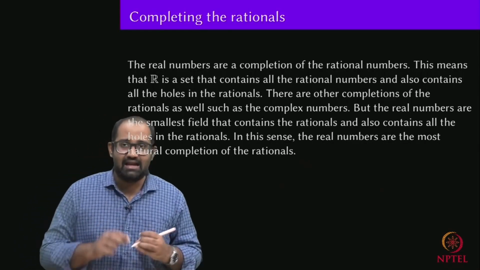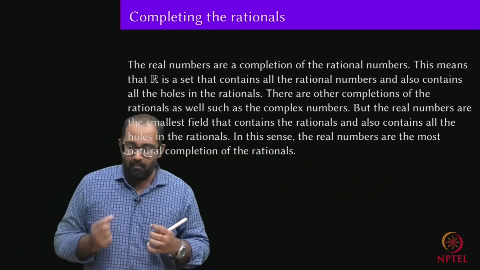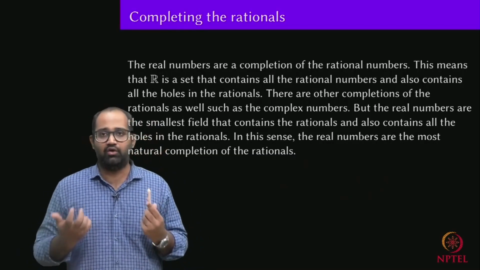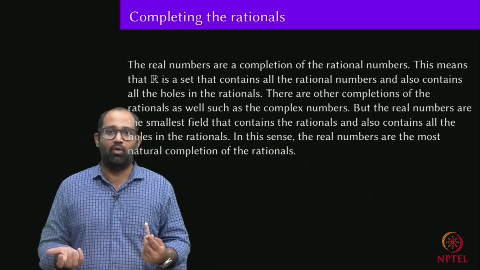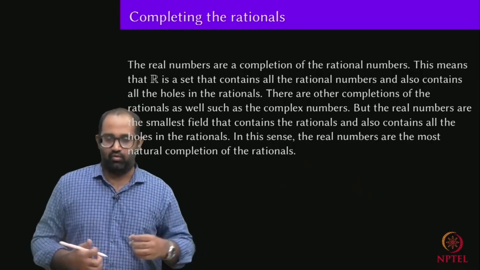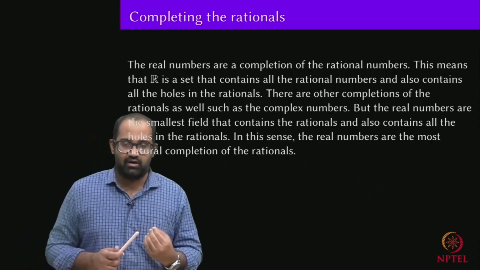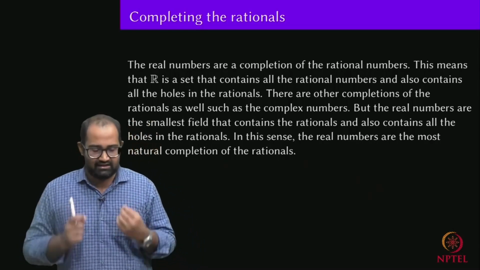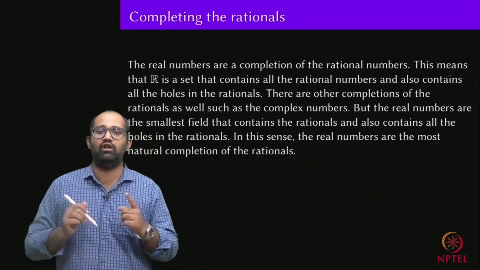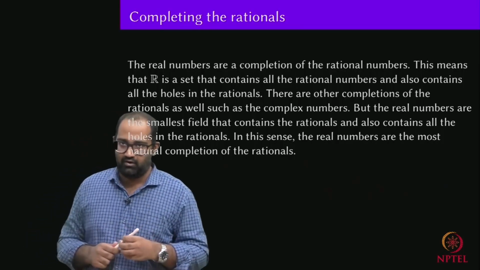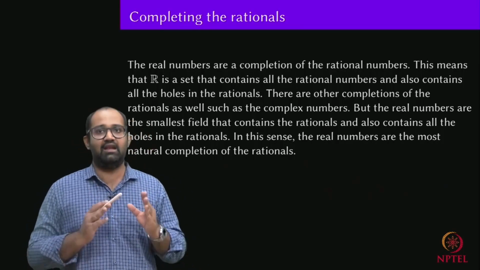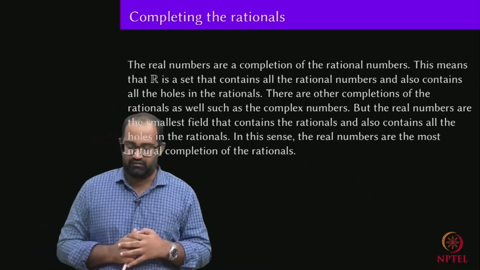But the real numbers are the smallest. Complex numbers correspond to R2, so clearly they plug in all the holes, but they plug in a lot more. So, the real numbers are natural because they are the smallest field that contains the rationals and all the holes in the rationals as well. In this sense, the real numbers are the most natural completion of the rationals.